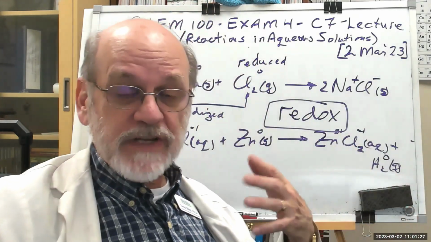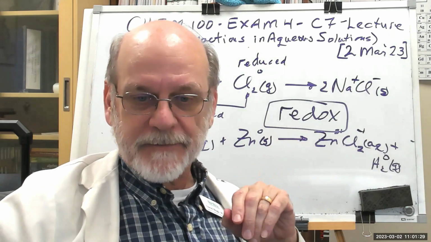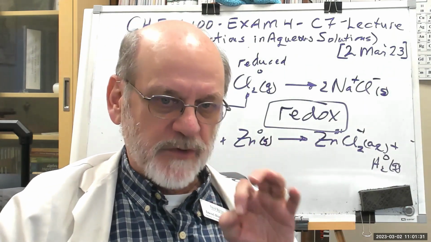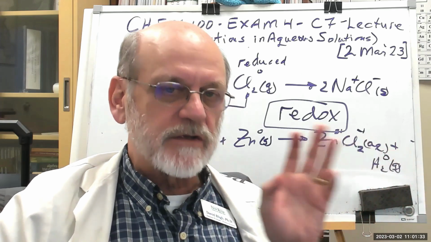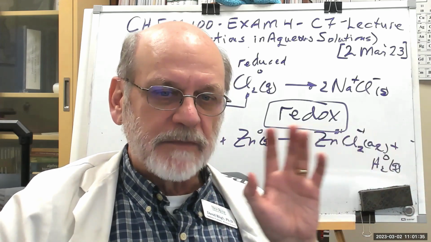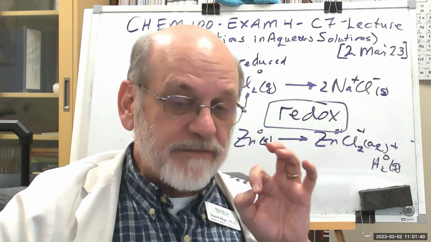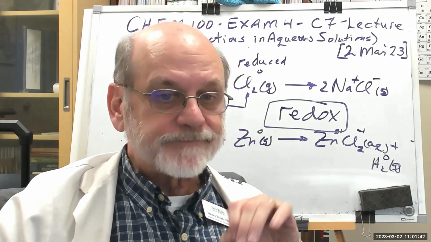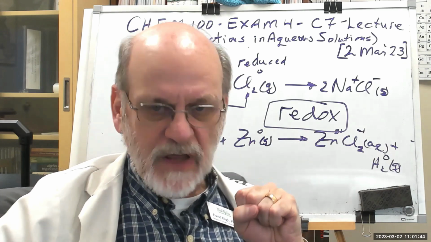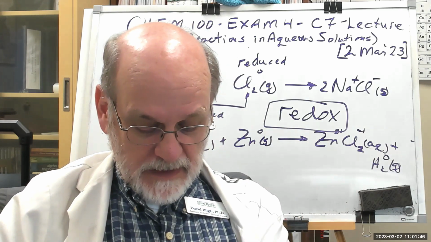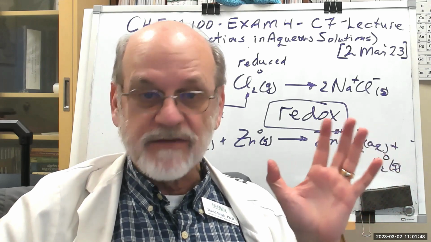So you get several of them, lots of them, to give you a better feel for what type of reaction you're dealing with and how to classify them. That's the objective of chapter 7. What drives a reaction, how to classify them, how to identify precipitates. Okay, so it's 11 o'clock and we're done.